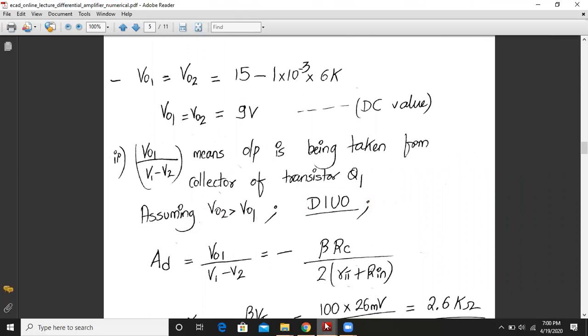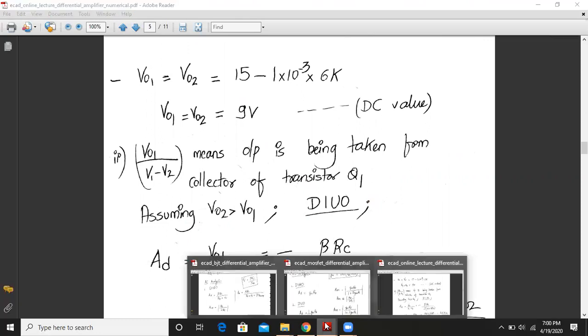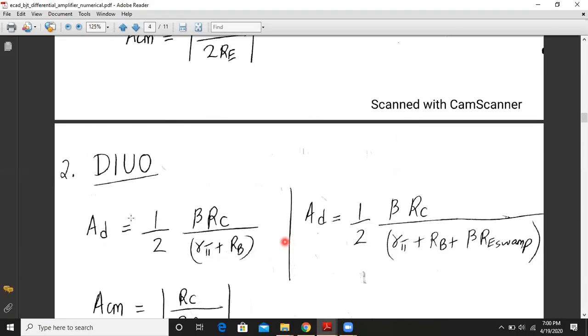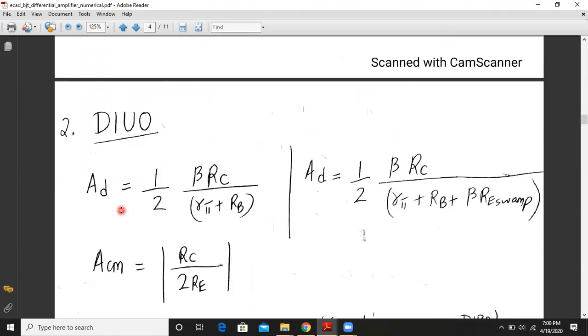Now let us go back to the formula sheet and check what is the formula for the DI-UO configuration. For the DI-UO configuration, the differential gain formula is half beta RC divided by R pi plus RB.